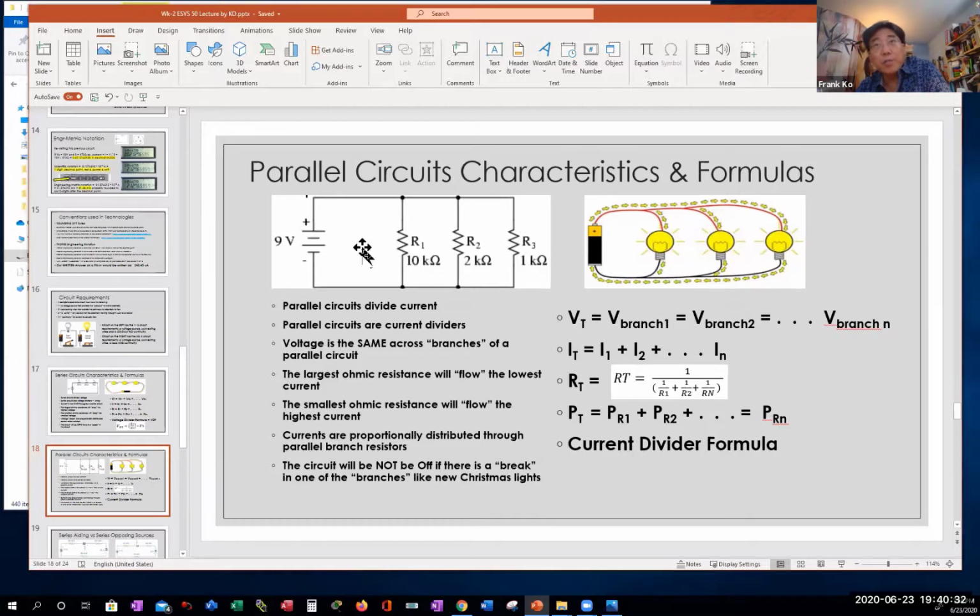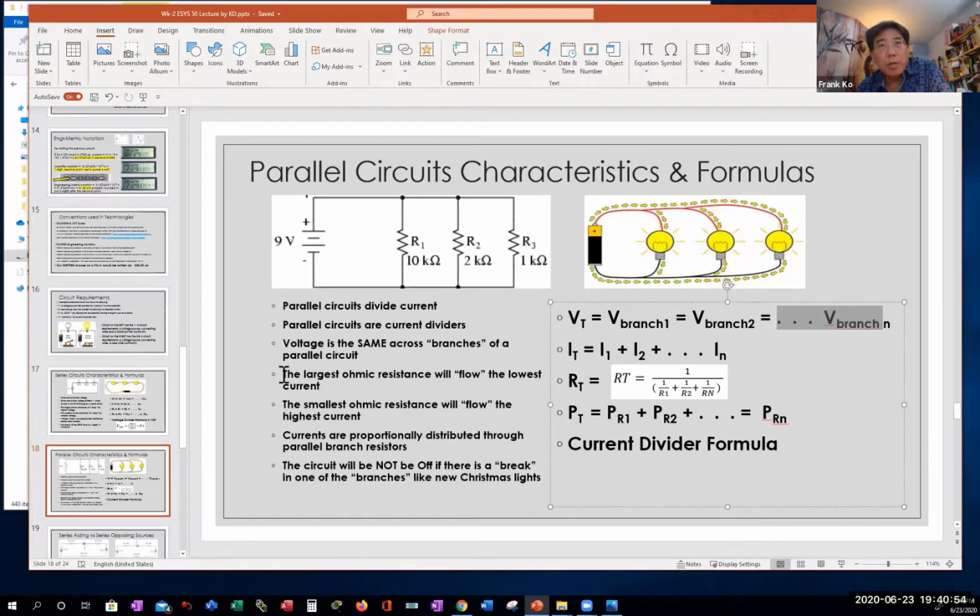This 9 volts is across R1, R2, and R3, as evidenced by the formula here: V total is the voltage across the first branch, is the voltage across the second branch, is however many branches we have. The voltage is the same.